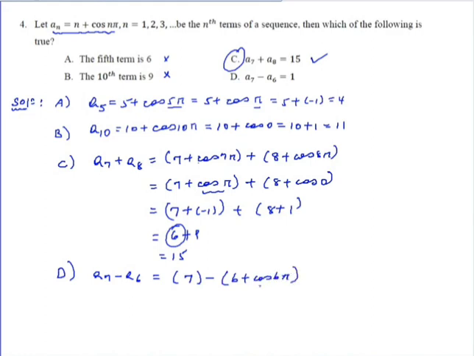Okay, so this means 7 minus 6 plus cos 0. Cos 6 pi and cos 0 are the same. This means 7 minus 7 plus 1, I mean 6 plus 1, the result is 0. Okay, so D is not a true statement. So our answer will be C.